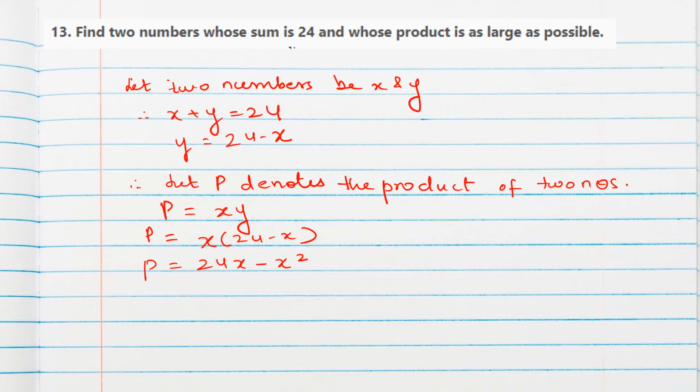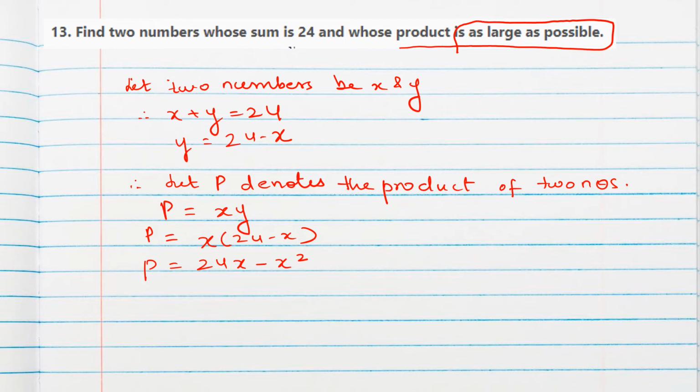Now this is our function, the product function. What is given is that the product should be as large as possible, meaning we should find the maximum value of the product. Find two numbers such that the product is maximum. So we have to show the product is maximum at some values of x and y. Those values will be our answer.